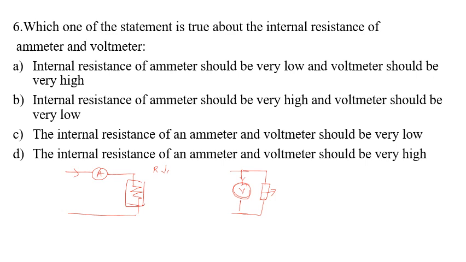To maintain that, the internal resistance of the voltmeter must be very high. Based on this information, we can say that the answer to this question is option A. The internal resistance of the ammeter should be very low and the voltmeter should be very high. So we can eliminate the other three options directly.